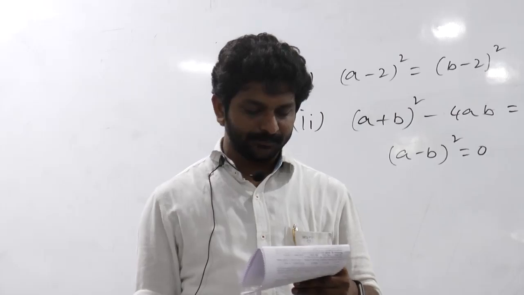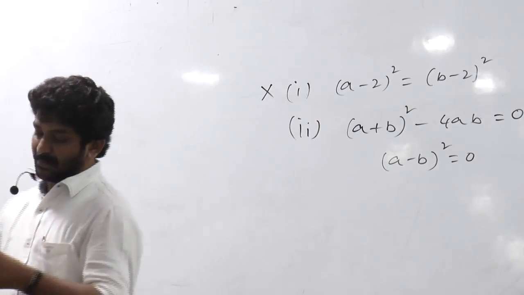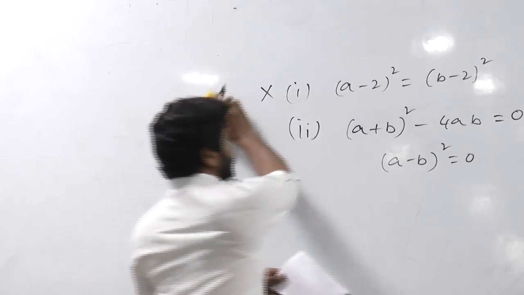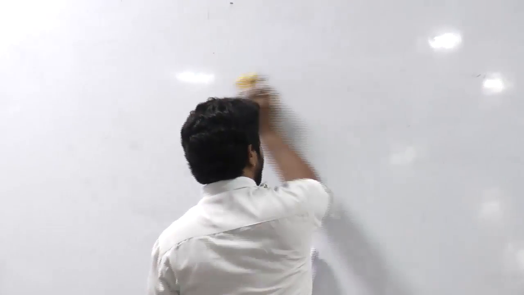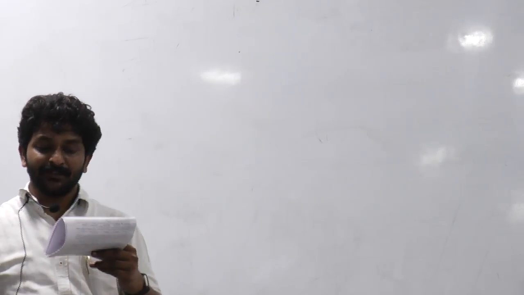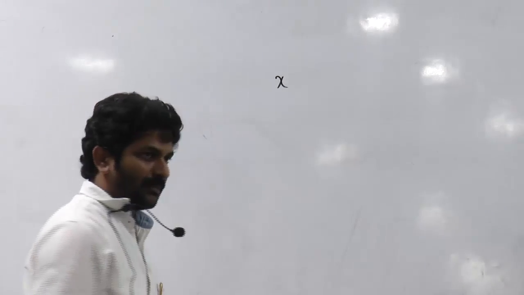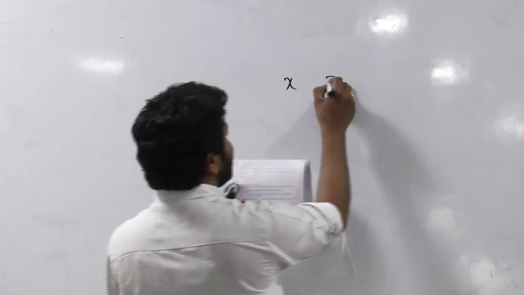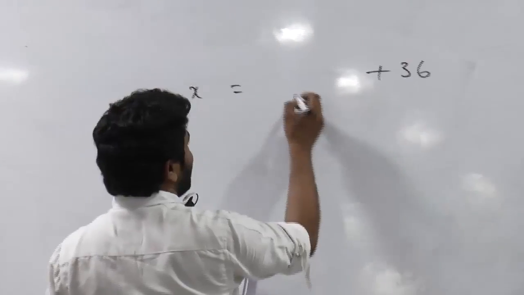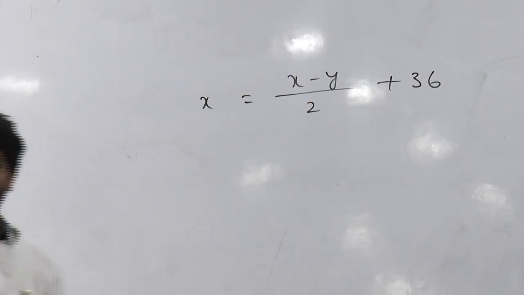Next 48. The larger number, find the 2 numbers. What are the 2 numbers? You need to calculate 2 numbers. First one is, the larger number is 36 more than half the difference of 2 numbers. Let's say x is larger number and y is smaller number. Larger number is 36 more than half the difference of 2 numbers.